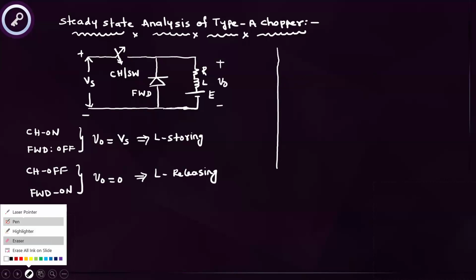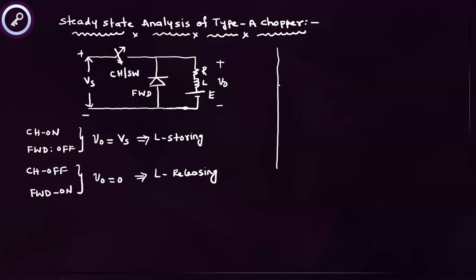Then if you draw the waveform, drawing the V naught waveform: if the chopper is on, V naught equals Vs. If the chopper is off, V naught equals 0.